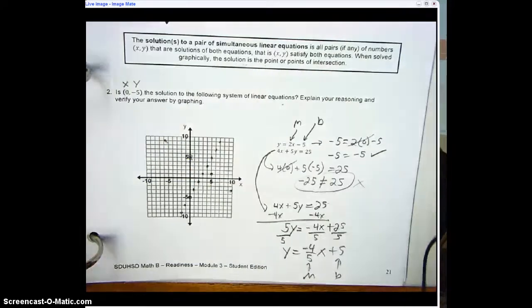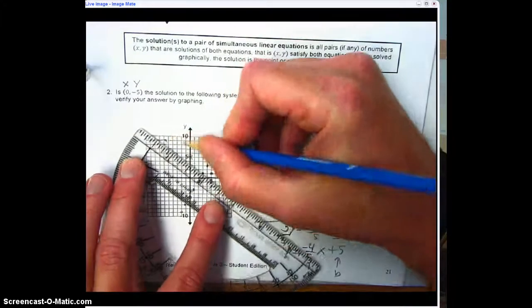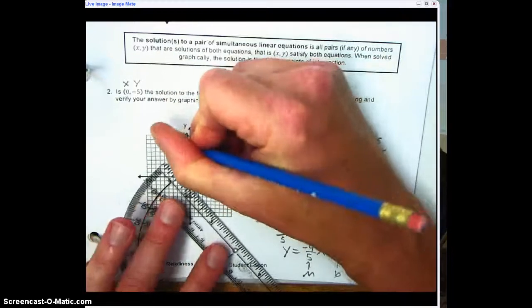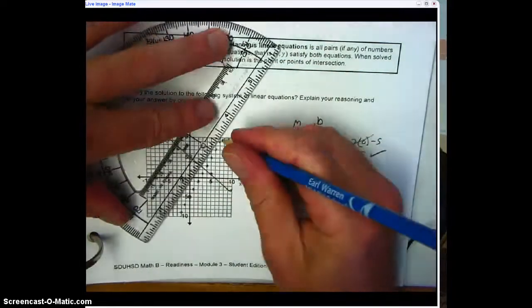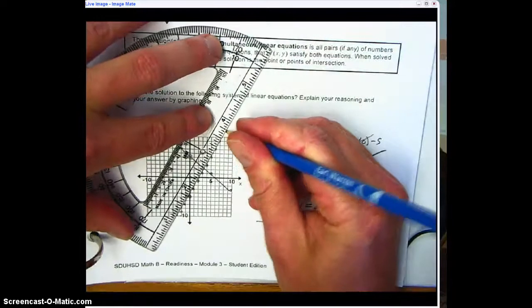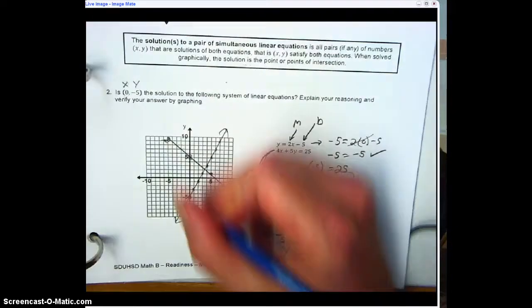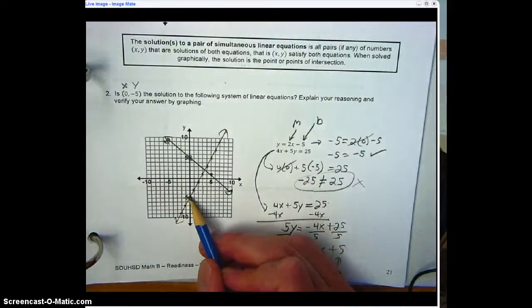Now I'm going to connect the two, all the points. And actually I counted wrong on that one. It should be there. And then this guy goes here. And clearly they do not intersect at (0, -5), which would be down here, do they?